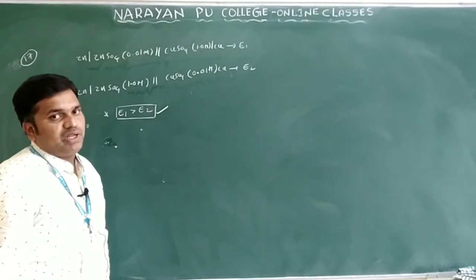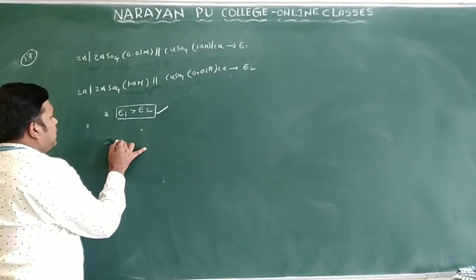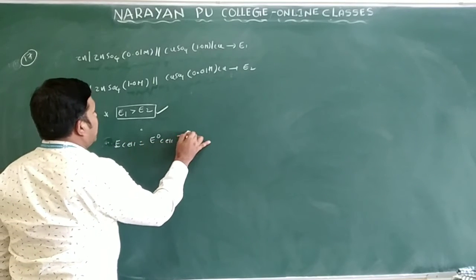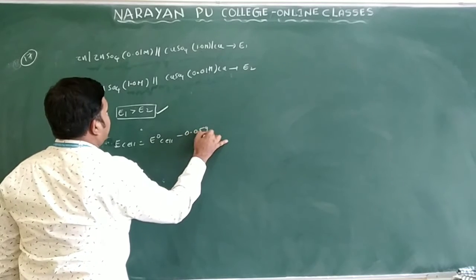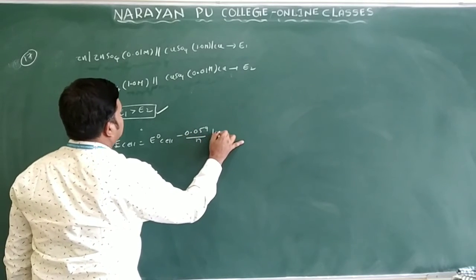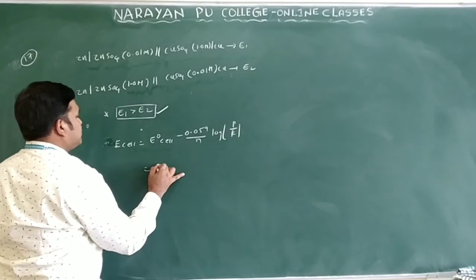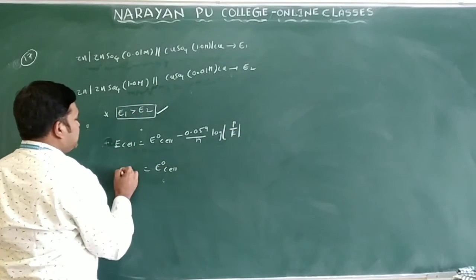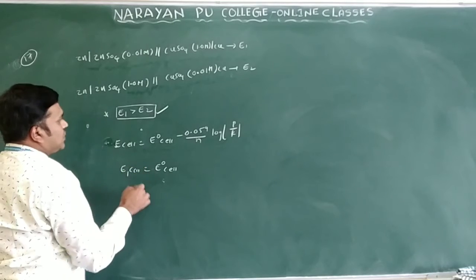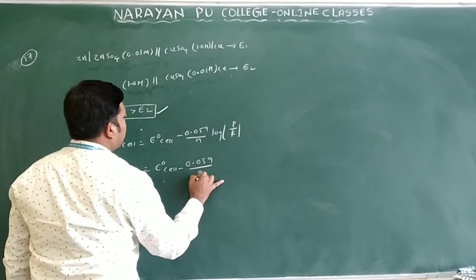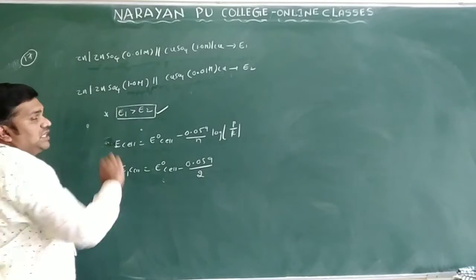Otherwise, how can we apply? We can use the Nernst equation. E cell is equal to E naught cell minus 0.059 by n into log of product by reactant. So this is E naught cell, we will take E1 cell minus 0.059 by 2 because there is a 2 electron step.